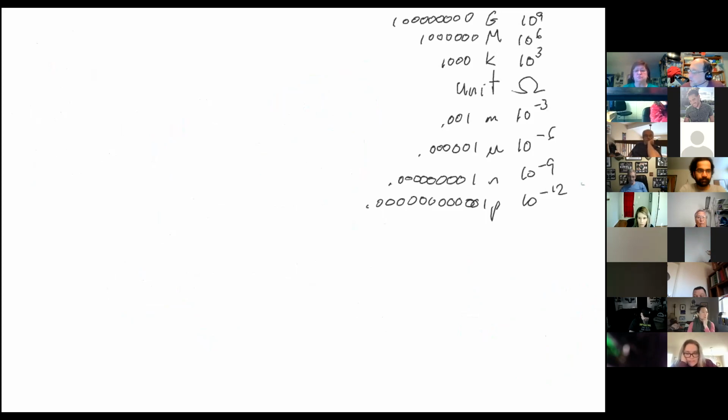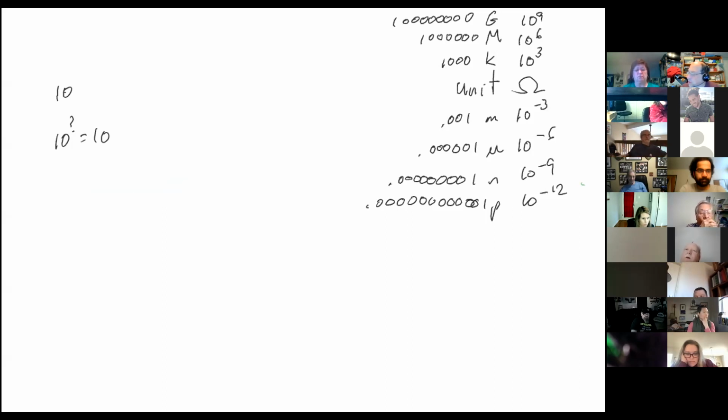The question I have for you is, if I have the number 10, to what power did I have to raise the base 10? 10 to the something is equal to 10. 1. That's right, because 10 times 1 is equal to 10. It's just 10 by itself.